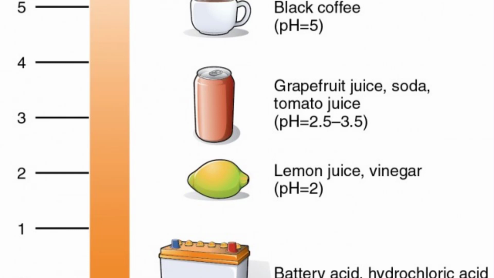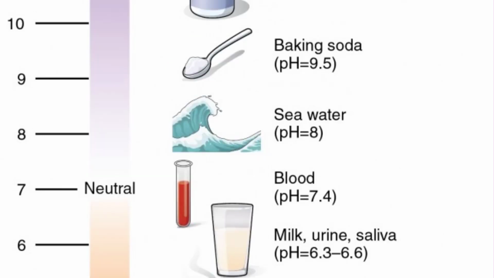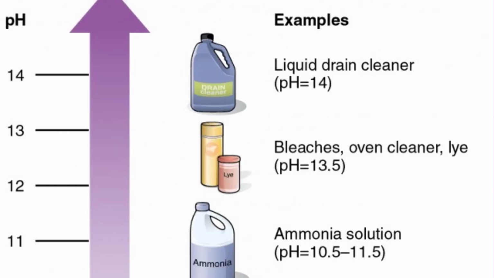And our last topic is the concept of pH. The relative acidity or alkalinity of a solution can be indicated by its pH. A solution's pH is the negative base 10 logarithm of the hydrogen ion concentration of the solution.